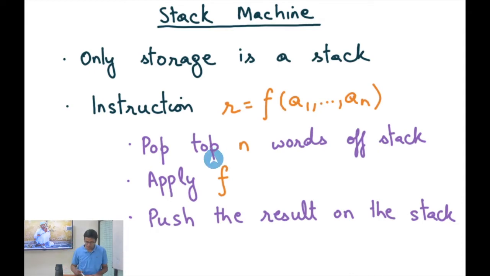It's going to pop the top n words of the stack, apply f on these popped words, and then push the result on the stack, right? So we're just assuming that there is such a machine that has stack as the only storage. We're also assuming that it has an instruction set, and any instruction in this instruction set has this particular form and has this particular semantics or meaning.